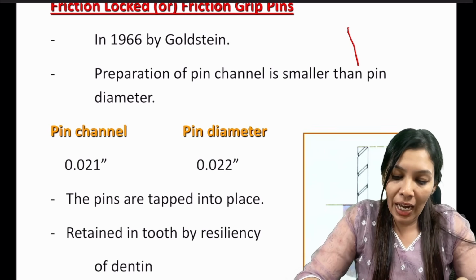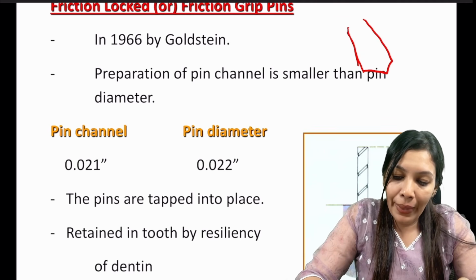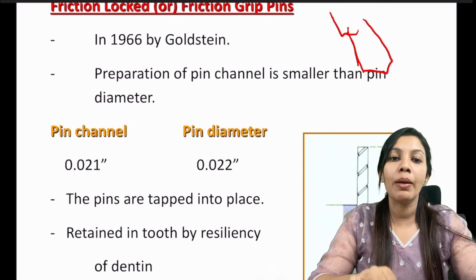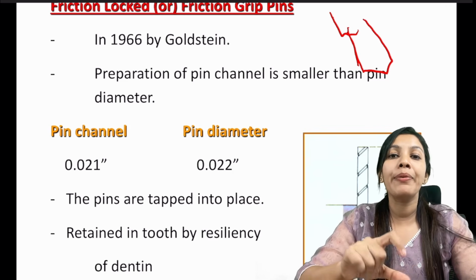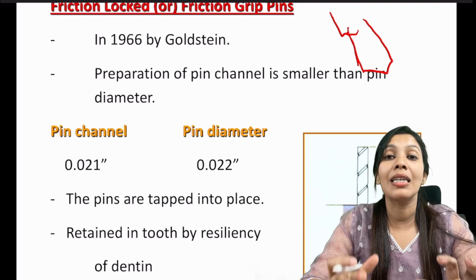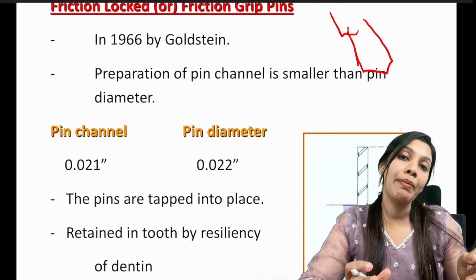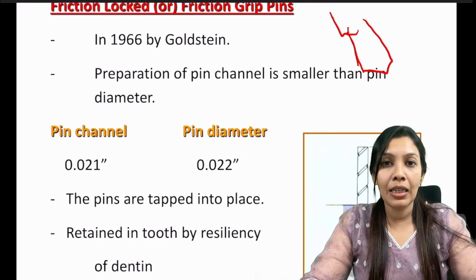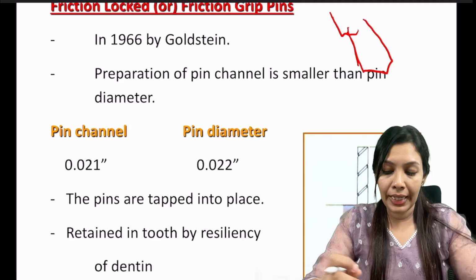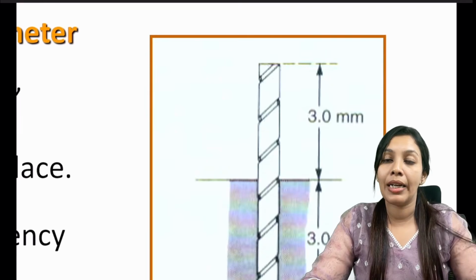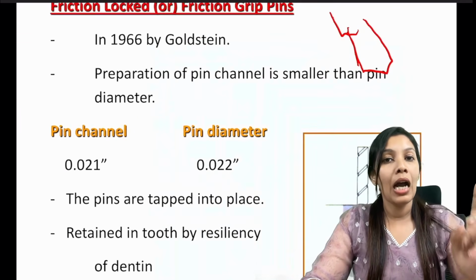Here the pin channel is smaller and the pin size is larger, so the pin has to be tapped into the pin channel and is retained by the resiliency of the dentine. In the cemented case, it was retained because of the cement. As I said earlier, 3 mm went into the dentine. Here again 3 mm is seen within the dentine and 3 mm outside. There, 2 mm was seen outside.